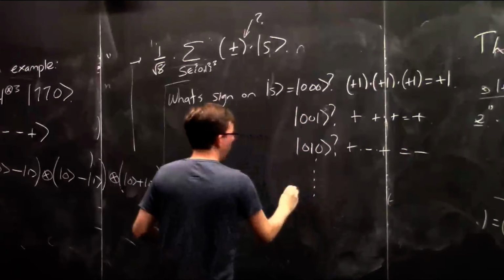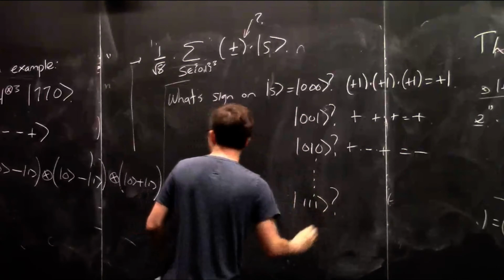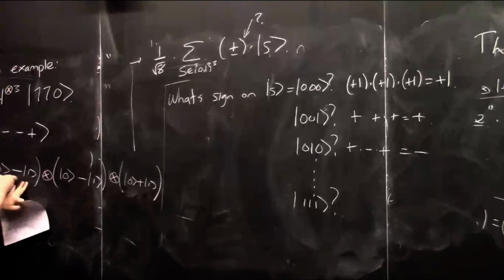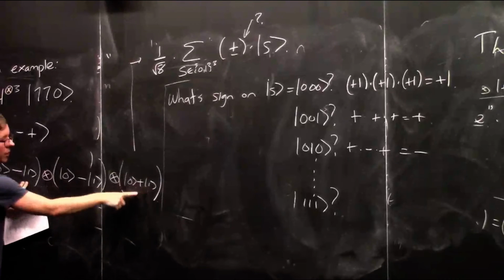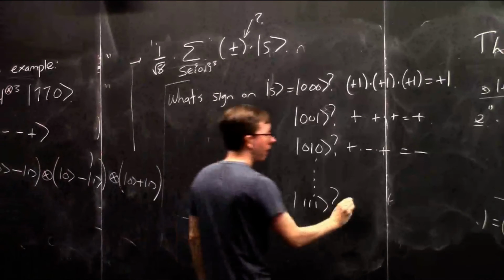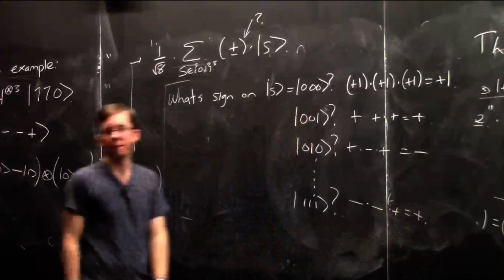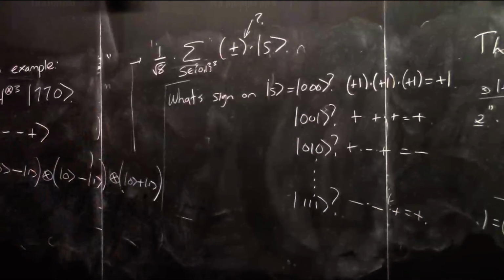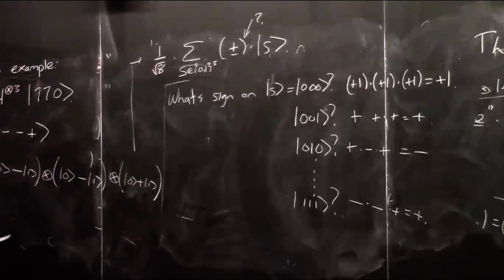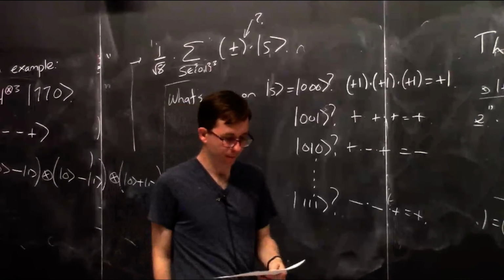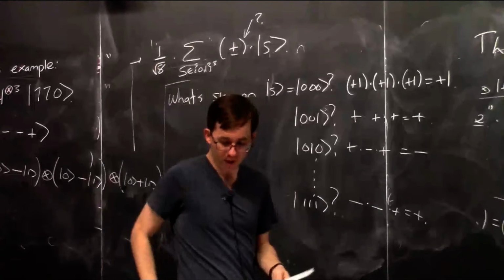Hopefully you get the picture. I'll do the last one, 1, 1, 1. You have to take the 1 from here, which has a minus, the 1 from here, which has a minus, and the 1 from here, which has a plus. So it's minus times minus times plus, which is plus. Okay, so in that way we could figure out all the 8 signs. But now let's just jump to the general case based on this example.